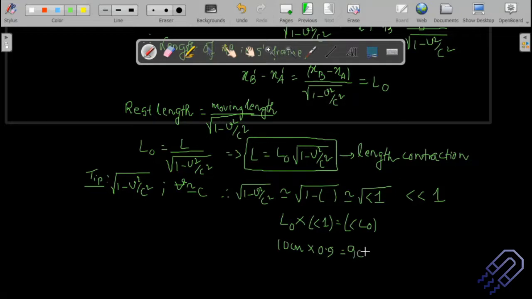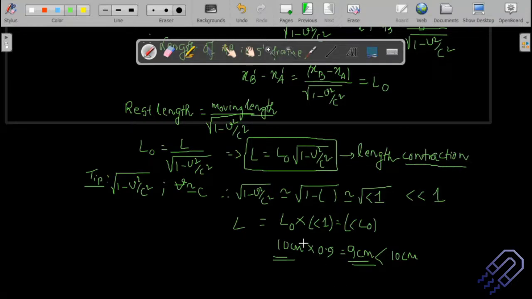Now 9 centimeter is less than 10 centimeter, which is giving you the expression for L. So whatever length you considered in the moving frame when you are inside the frame, if you measure that same length from outside, you get the length to be lesser, and that is the reason it is called length contraction.